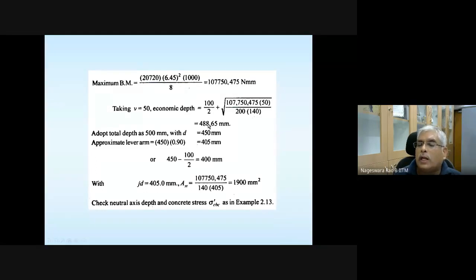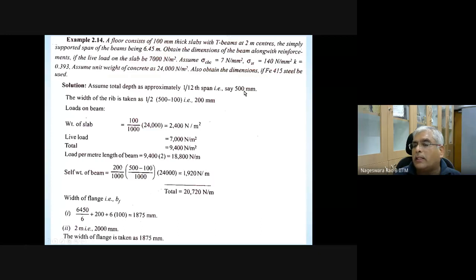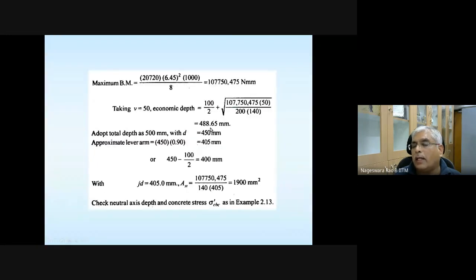So now whatever economical depth we got here, this is small d, okay? Please take a note of it. This is effective depth, cover is not included here. But what we started out with is the overall depth, the total depth. So this is slightly higher than this one.